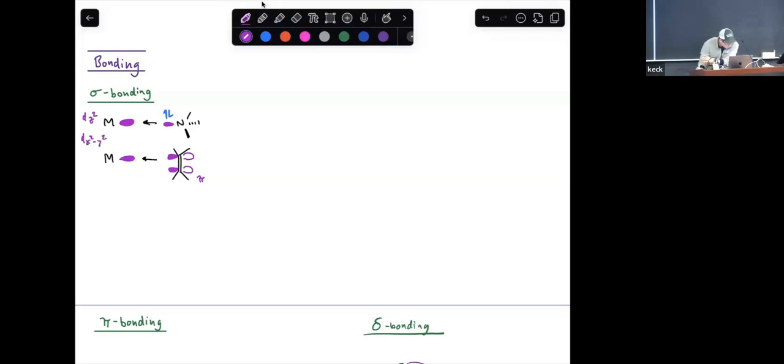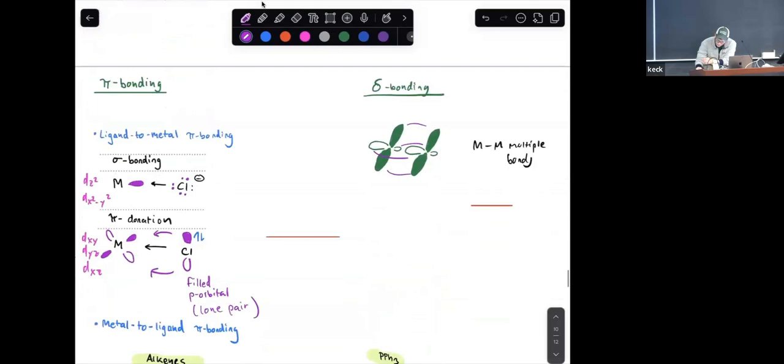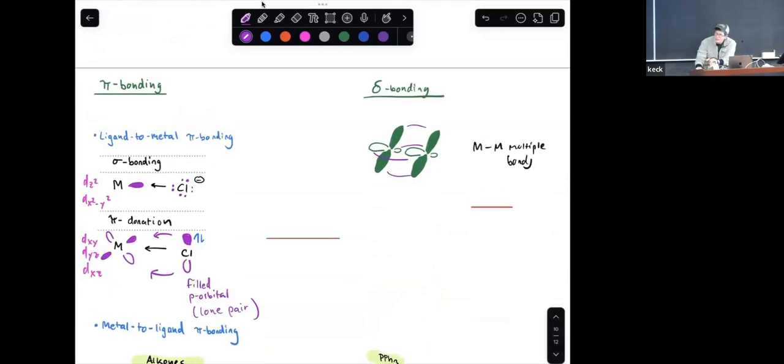And there's some terminology that can be kind of confusing, because ligands that are themselves pi bonds can still engage in sigma bonding interactions with the metal because of how the bond is defined, that these are all the same symmetry of the overlapping lobes. So that's the sigma bonding interaction.